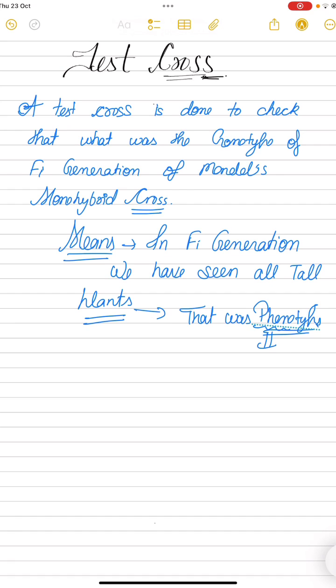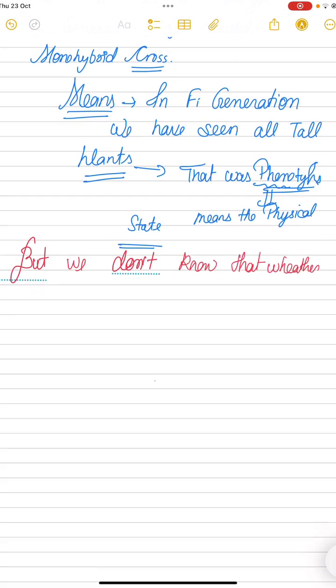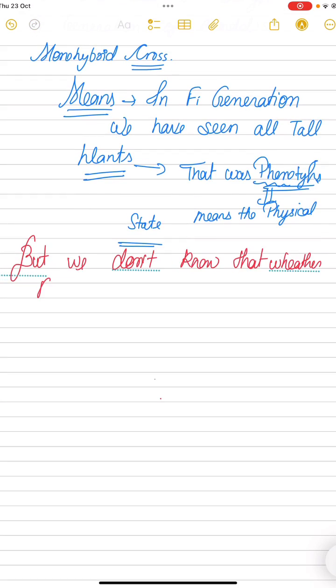That was actually the phenotype, meaning the physical appearance, but we don't know whether the F1 generation had TT, both big T, or one big T and one small t.